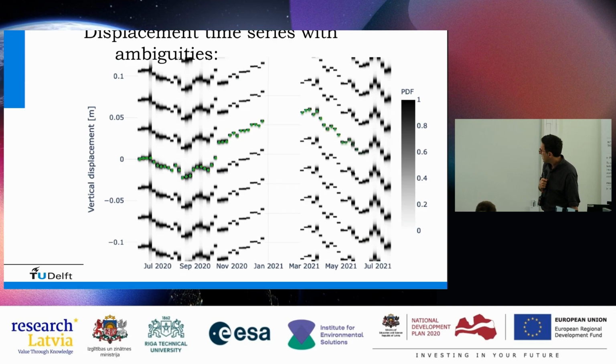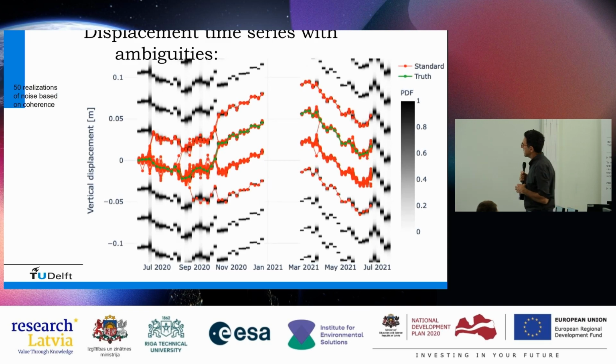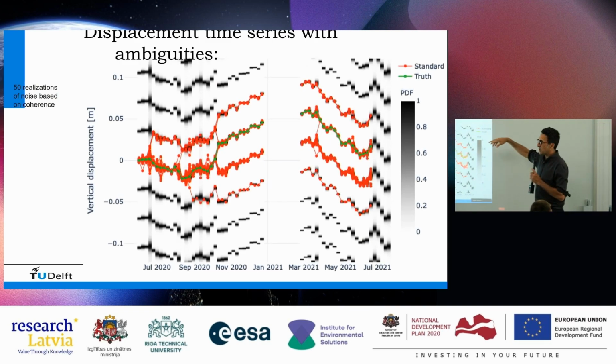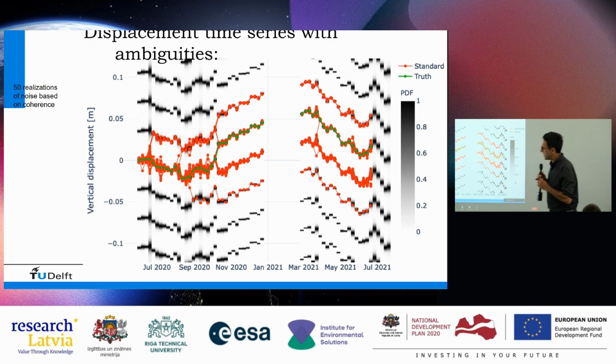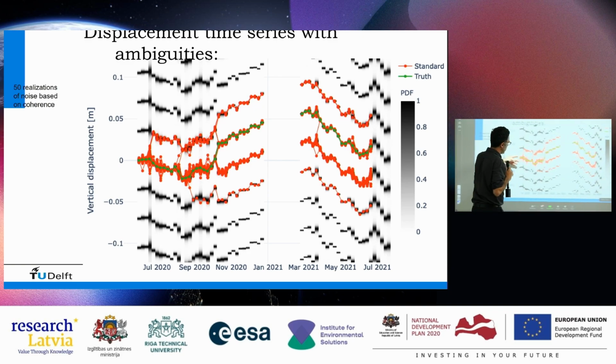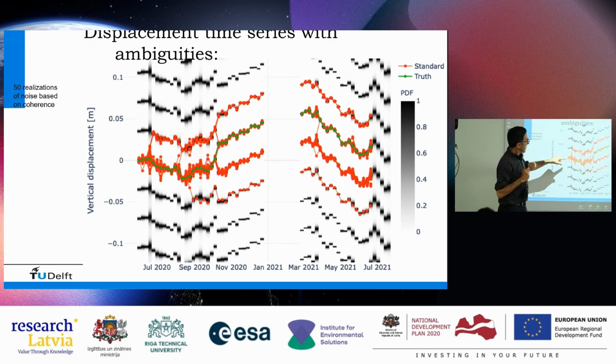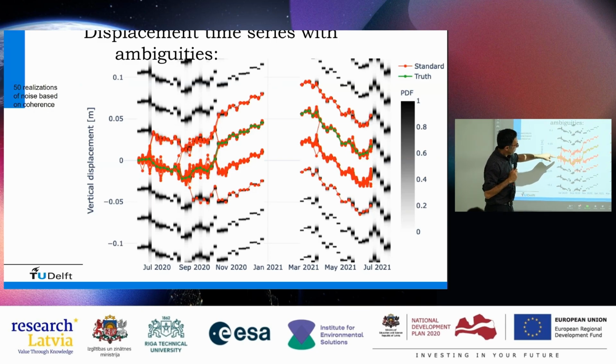Now, this here was the displacement, the truth. And this here is the solution that we get with standard phase unwrapping. So basically what we did is estimate for each epoch a random noise on top of the truth. And then we let the algorithm go over and over and over and try to find the route. Now, most of the time it will follow this route.